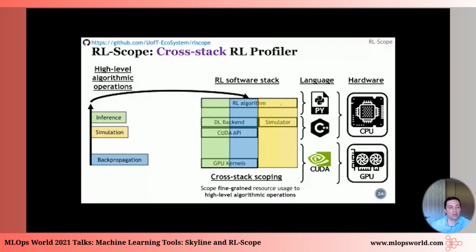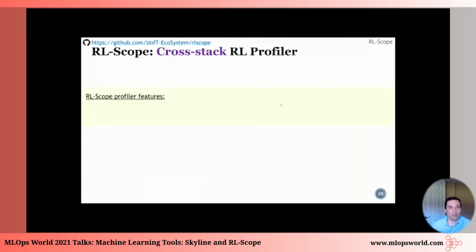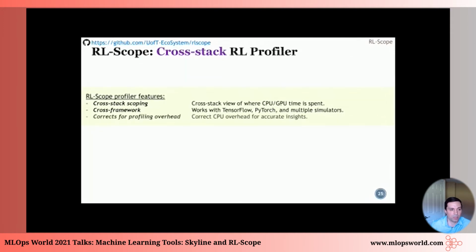So what does RL-Scope provide you? RL-Scope provides features that go across all these layers, so you can understand where the CPU and GPU time is spent across each layer. It works across different frameworks, so it supports TensorFlow, PyTorch, and multiple different simulators. It's also capable of correcting for the profiling overhead that I mentioned, since CPU overhead can be really huge and can lead to wrong insights.